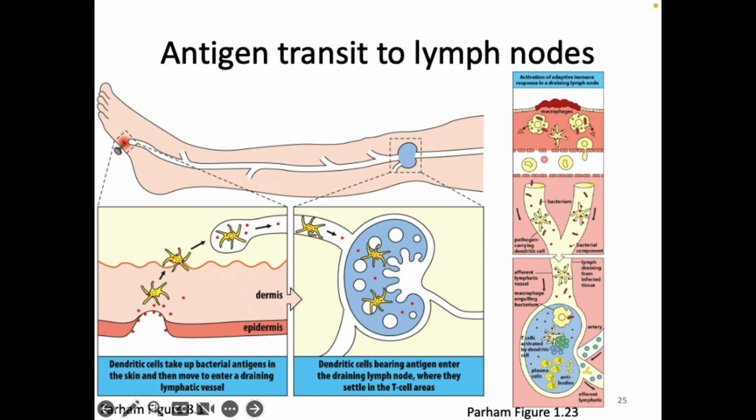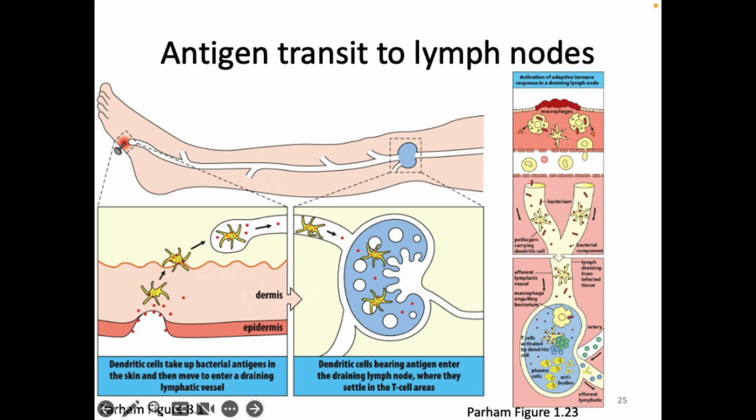There are a couple of ways that antigens can go to the lymph node. One of the ways is just that we have these nice open lymphatic vessels throughout the body that might pick up free antigen.